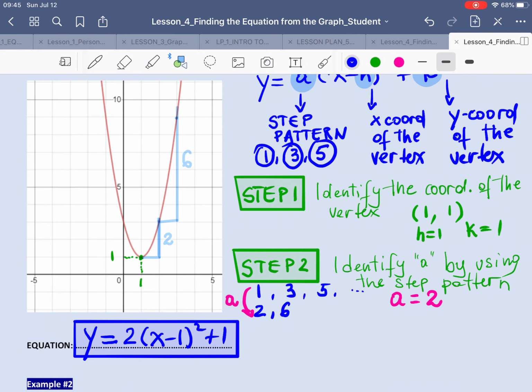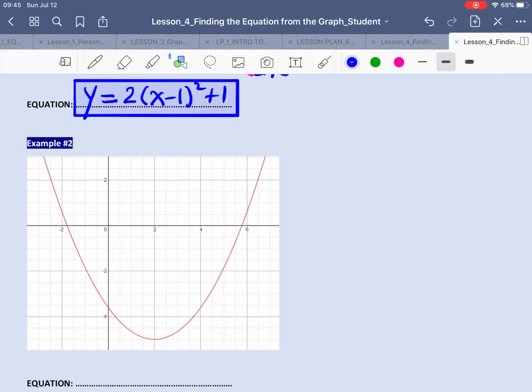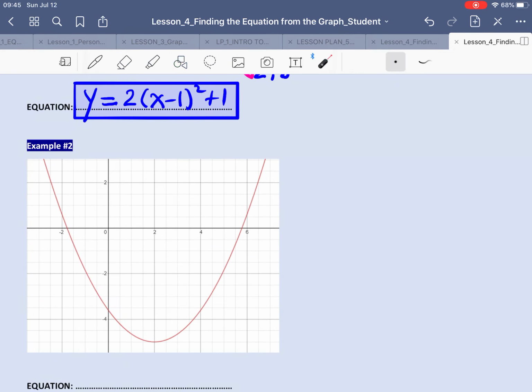All right. So we're moving on to the next example. This is the graph that we're given here. And again, I'm going to start from the fact that the quadratic equation that I have to find will be in the form y equals a(x minus h) squared plus k. And I'll start working on finding each and every coefficient.